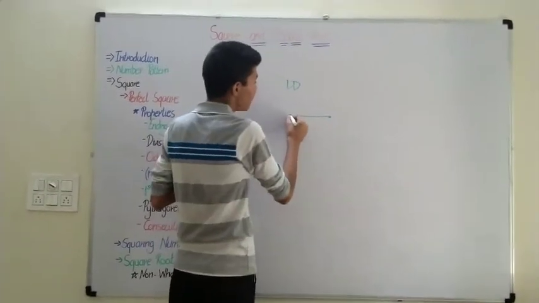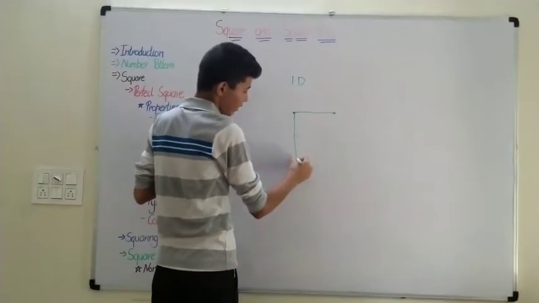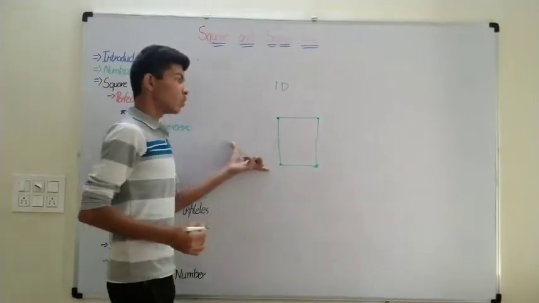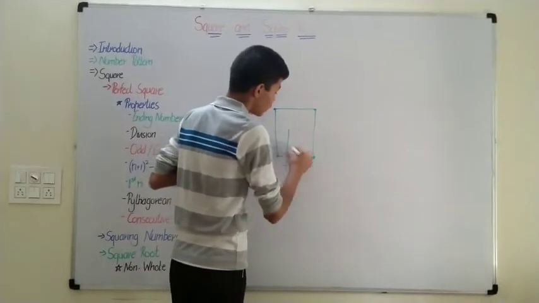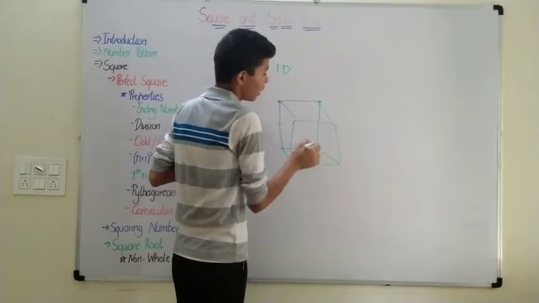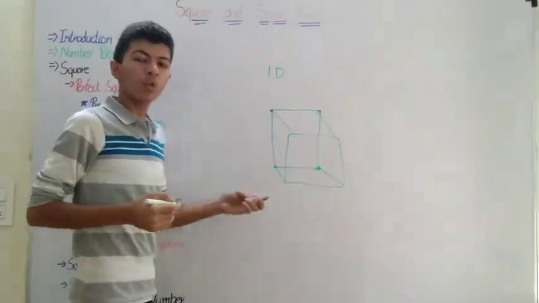If I extend this length up to its breadth, I get a square. And if I stack many squares together, a solid figure, a cube, is formed. So we start with a small point and go up to a cube.